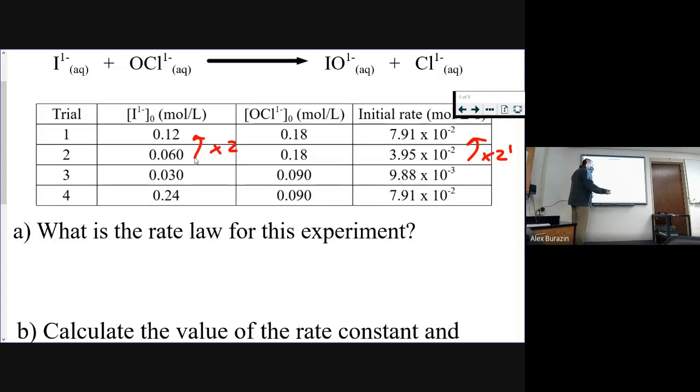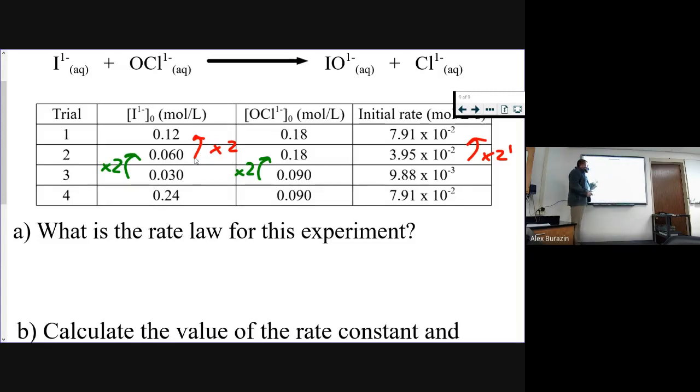So I'm going to pick 2 trials that are just kind of friendly. I'm going to pick 3 and 2. Do you have to pick 3 and 2? You don't. There are other ways to do this, but I'm going to pick 3 and 2 because I want to. I know that doubles. I know this doubles, right? You see that?